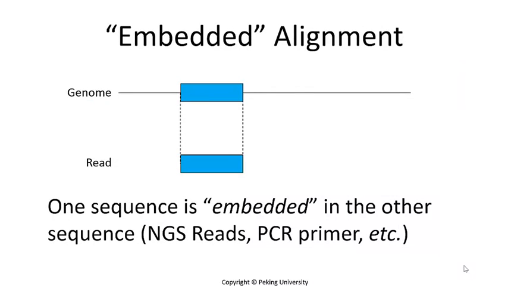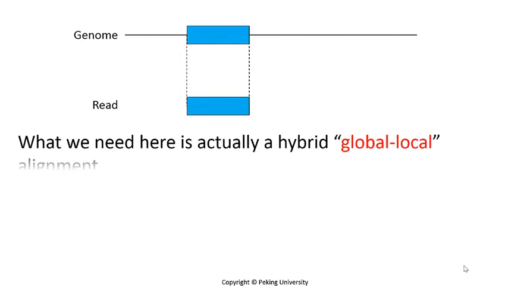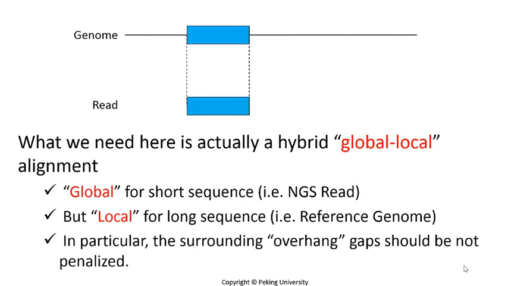Compared with the pairwise sequence alignment, the two sequences are different in the sense of their roles. Reads can be considered completely embedded into the genome. In fact, we need a hybrid alignment mixed with global alignment and local alignment. For reads, it's global. For genome, it's local.